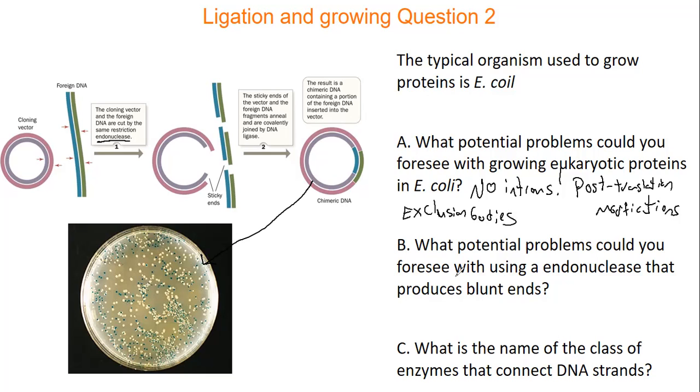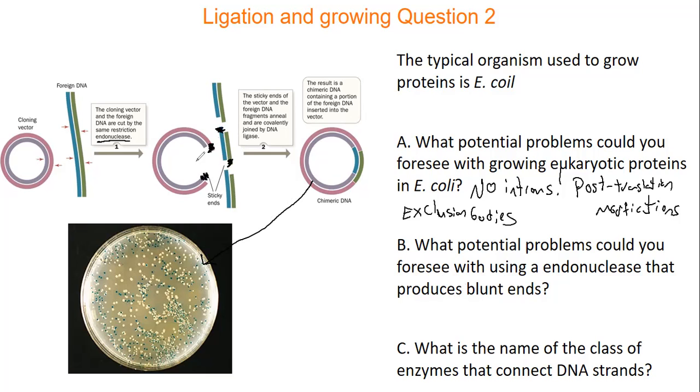What problems could you foresee with using an endonuclease that produces blunt ends? So I will answer that one. Here we have sticky ends. And let me erase it like that. So this would be blunt ends.